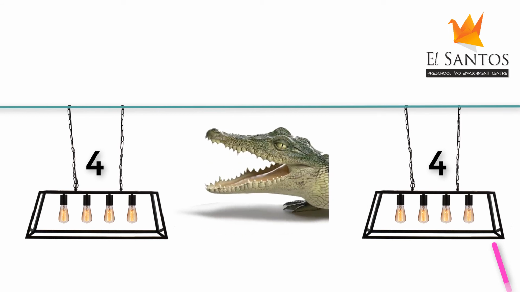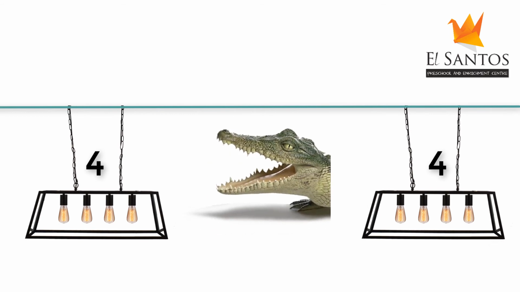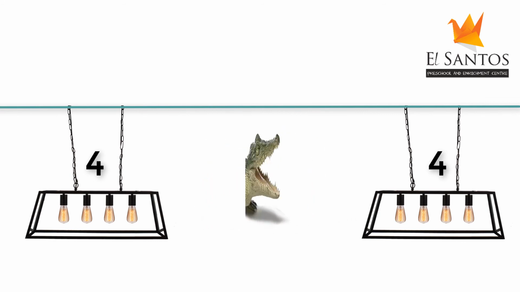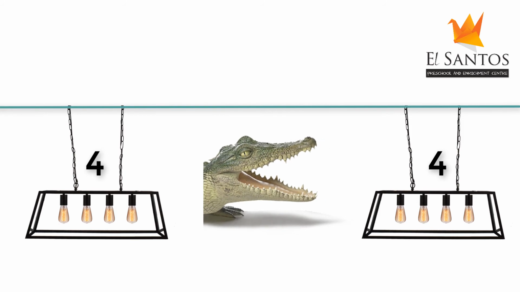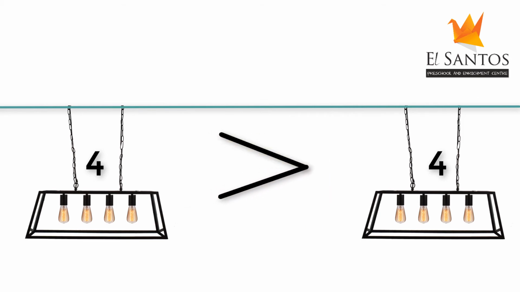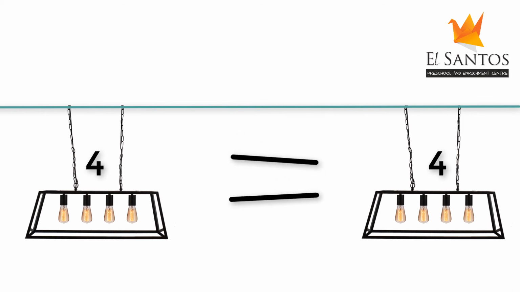We know that the alligator mouth can eat only the greater number. But here, both the numbers are the same. They are equal. So, the alligator mouth changes shape. The narrow side opens and becomes equal.